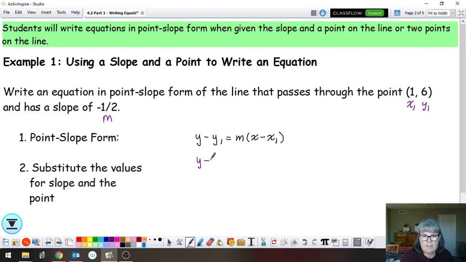So y minus, substitute for y1, the 6, equals, substitute for m, the negative 1/2, times x, subtract, substitute for x1, the 1. And we have our equation in point-slope form for the line with a slope of negative 1/2 and the point 1, 6.